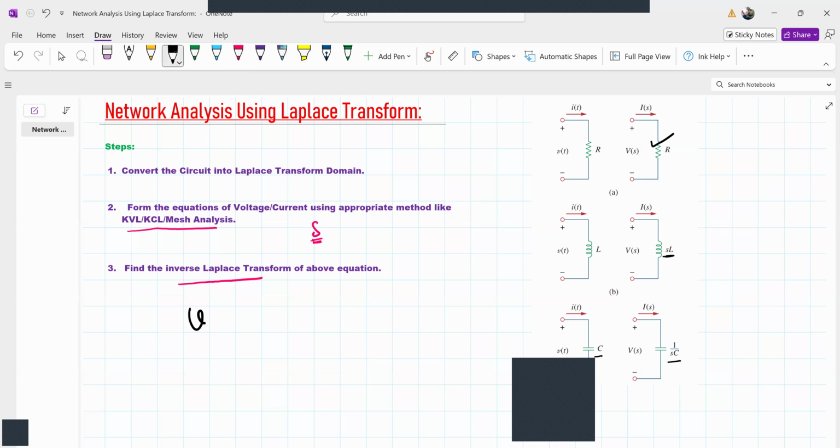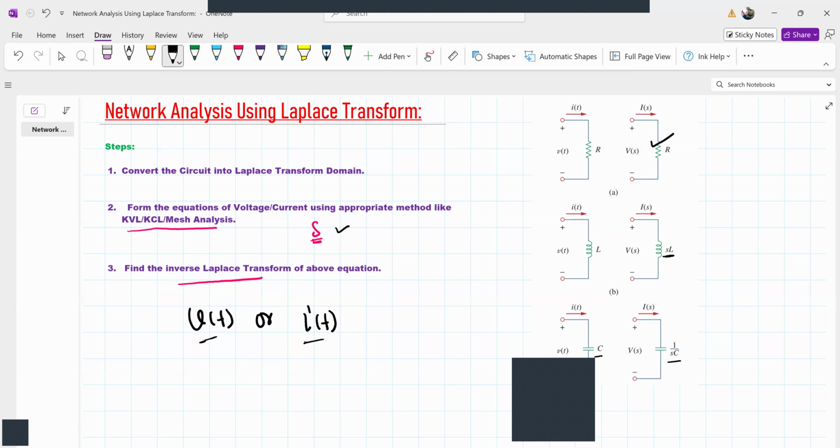For example, if the goal is to find a voltage or current, we find the equation of this voltage or current in the S domain. Then we find the inverse Laplace transform of that S domain voltage or current, and that will be the v(t) or i(t) that we need to find in the circuit.